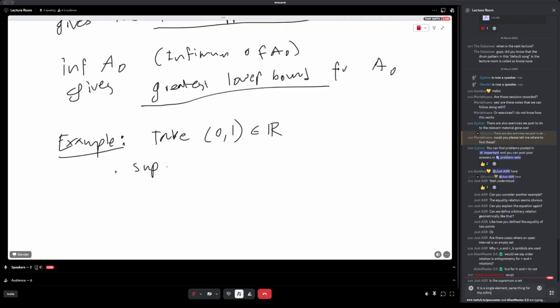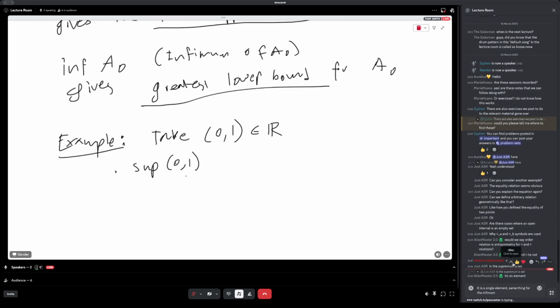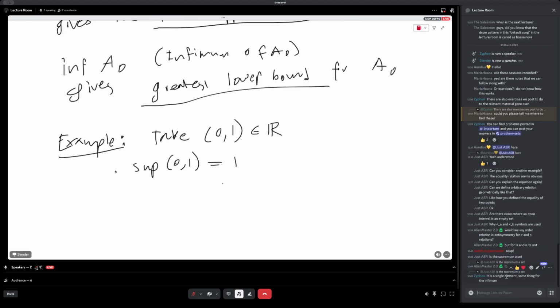If we take the supremum of this subset, we get 1, because 1 is the number that's greater than all elements in this set, and it's also the smallest such number, because in the open interval we are excluding 1.